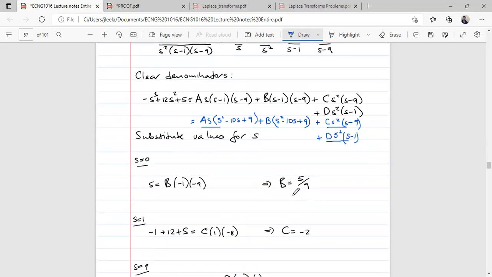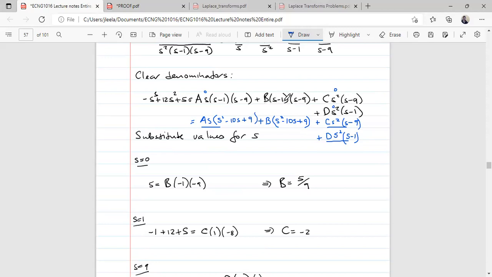Now, if you put s equals 0, this will be 0 here. So anything times 0 is 0. This will be 0 here, and this will also be 0 here, right? So A, D, and C will disappear. So the only surviving term you'll have is this term here.